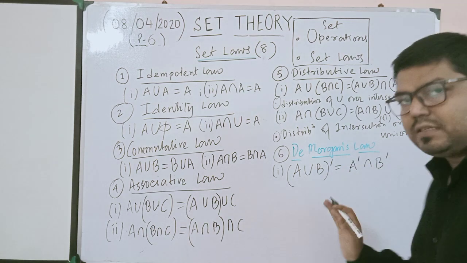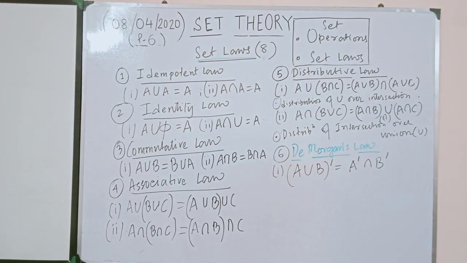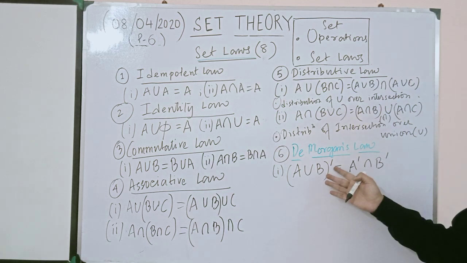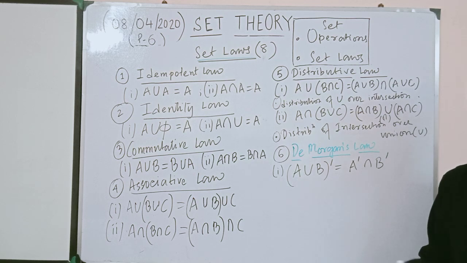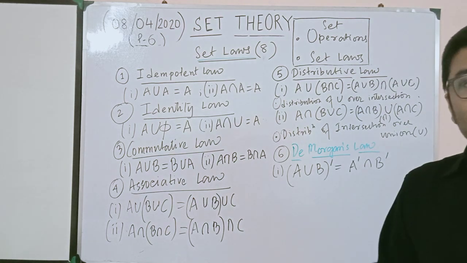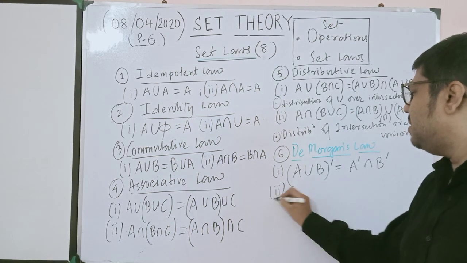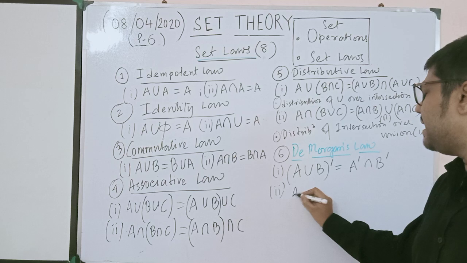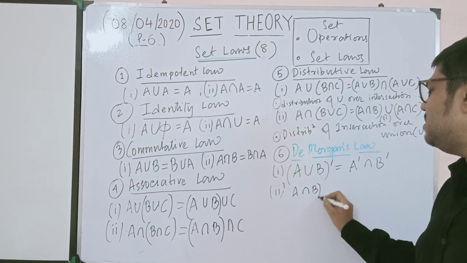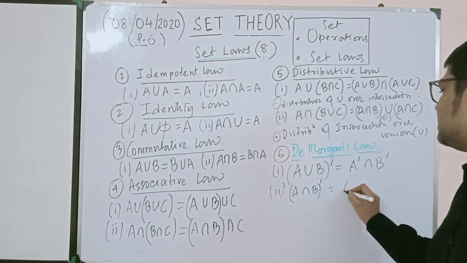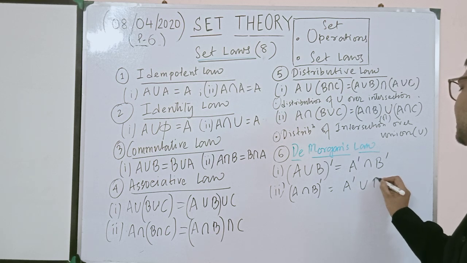A union B whole dashed is A dashed intersection B dashed. So what you can do as of now, you can draw simple Venn diagrams, you can take elements, you can take some sets and try to prove this. A union B whole dashed means what? It's a complement. We learned that if you draw A union B, it's outside A union B. And the second law is A intersection B whole dashed becomes A dashed union B dashed.